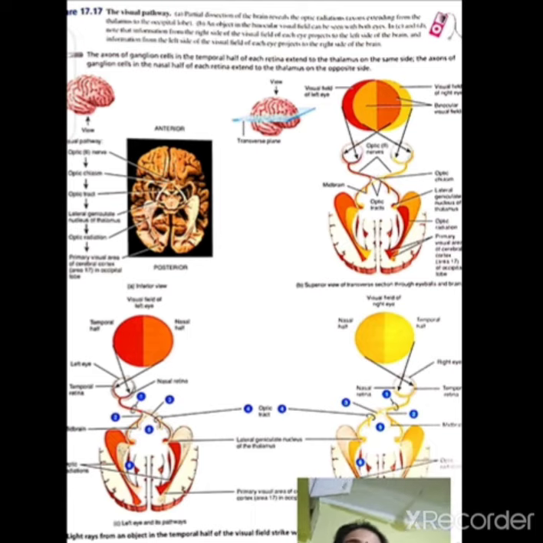Now, processing of visual input in the retina: how this processing occurs in the retina, how the images are formed on the retina, and how these signals are taken from the retina through your optic nerve to the visual areas of your brain.